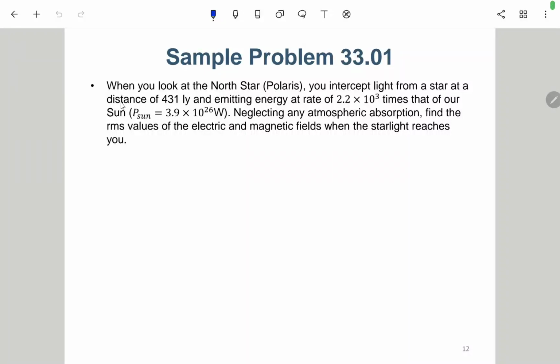We take a look at the sample problem. So it says when you look at the North Star, okay, 就是北极星或者叫做 Polaris. You intercept light from a star at a distance of 431 Ly.